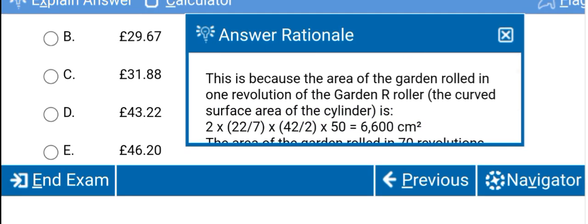This is because the area of the garden rolled in one revolution of the garden arm roller, the curved surface area of the cylinder, is 2 into 22 by 7 multiplied by 42 by 2 multiplied by 50 equals 6,600 centimeters squared.